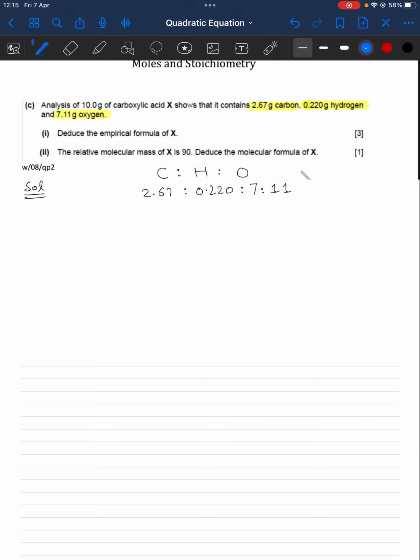So the atomic mass of carbon is 12, so we'll divide it by 12. For hydrogen atomic mass is 1 and for oxygen we have atomic mass 16. So now we will use a calculator to find the answer. Then we go to step number 3.